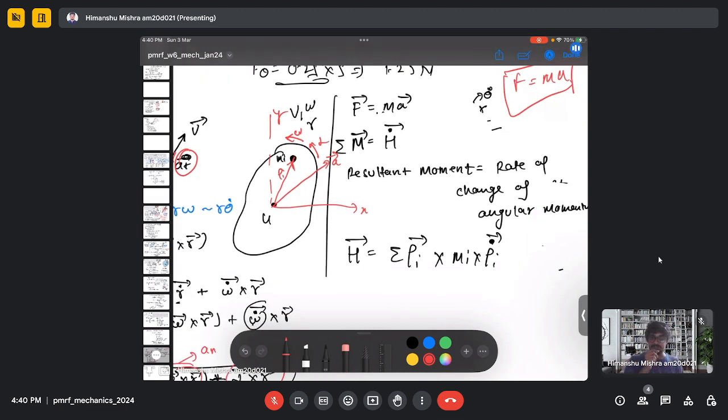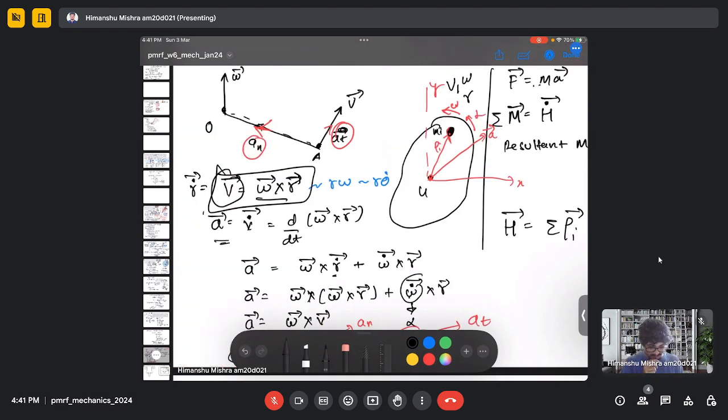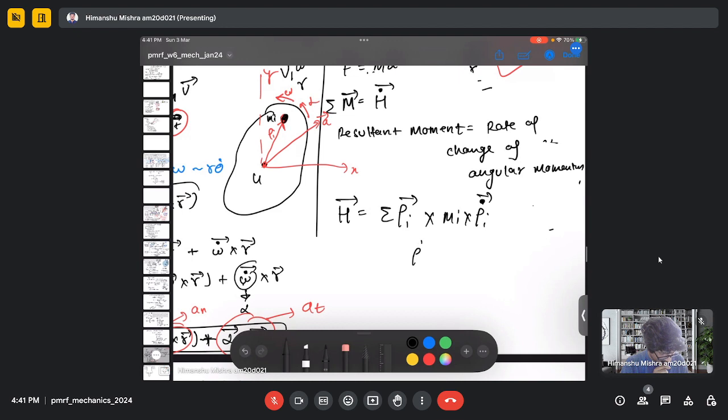It's a position vector from the center of mass to this elementary particle. And from the previous calculations, we saw that my velocity can be written as omega cross the rho vector.